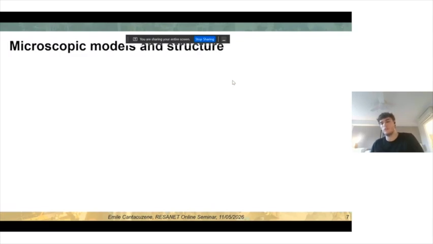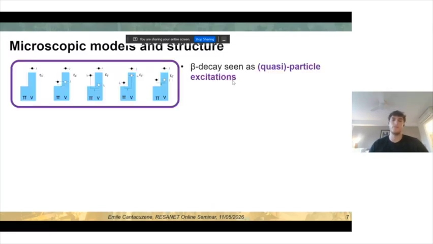This brings me to the other big type of model, which we call microscopic models, that try to incorporate nuclear structure. So in this type of model, basically, beta decay can be seen as a quasi-particle excitation between a neutron hole and a proton particle. Why? Well, because as I said, beta decay is when you have a neutron that becomes a proton. So you can see this as a quasi-particle excitation.